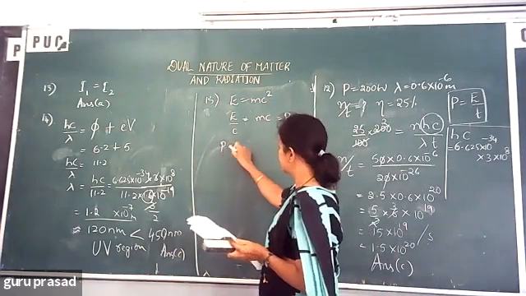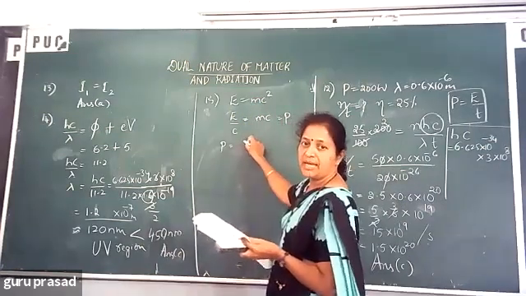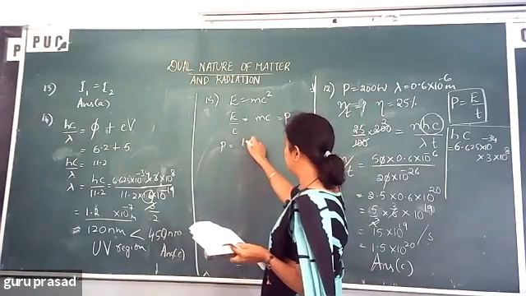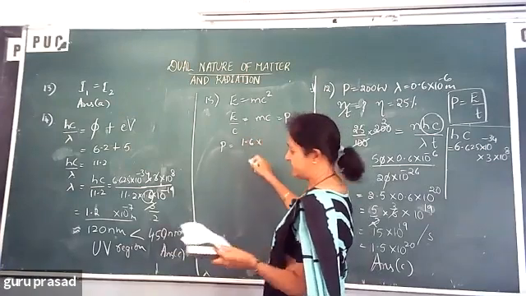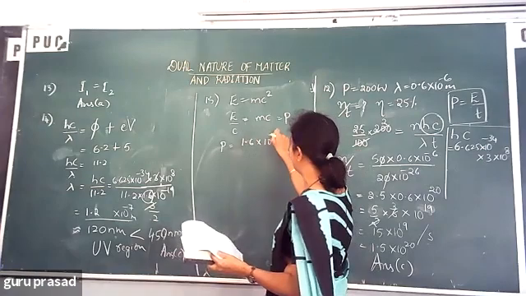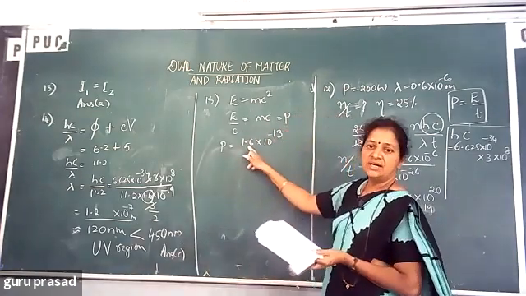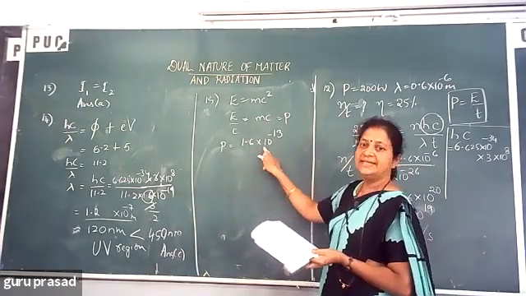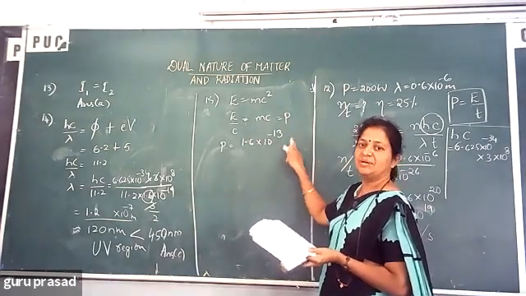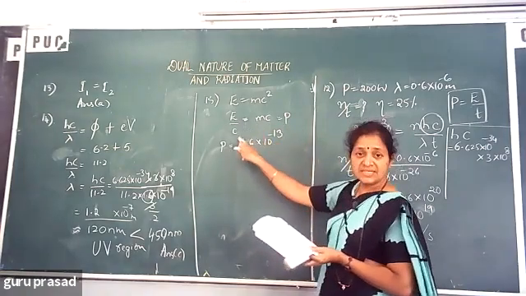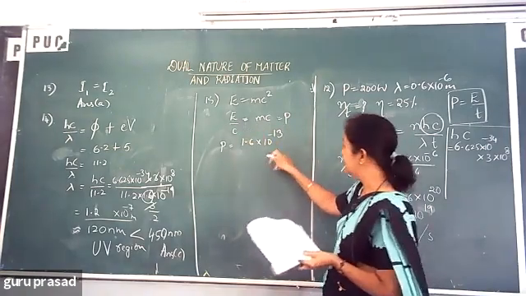Therefore, P is, energy is 1 MeV. Mega means 10 power plus 6. So 1 MeV is 10 power 6 into 1.6 into 10 power minus 19, which is 1.6 into 10 power minus 13.